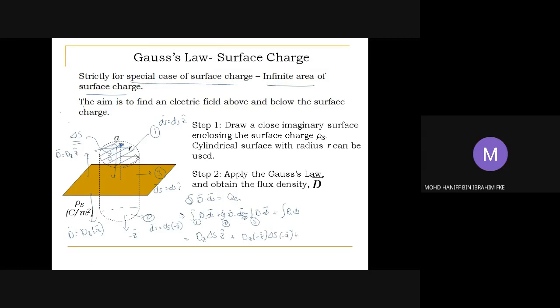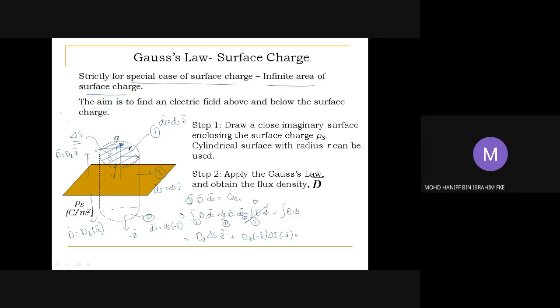And for the third surface here, since the direction of your dS is positive r, but the flux direction is positive or negative z, we have two unit vectors which are perpendicular to each other. So for surface number 3, the dot product will be 0, because as I mentioned before, D is in the z or negative z direction, but dS is in the r direction.